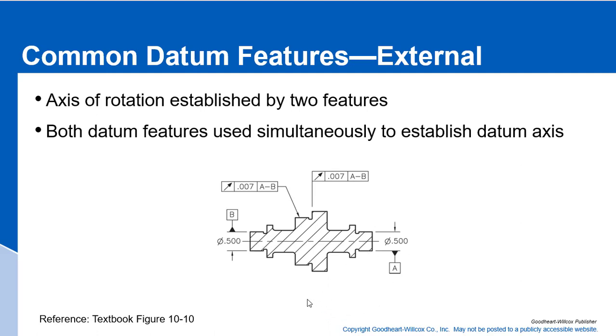We're establishing our axis of rotation actually via two datums, datum B and datum A. And then using those as common datums, we reference that in our feature control frame with A-B. So the axis of rotation is established by two features, and then both of those datum features will be used simultaneously to establish the datum axis.